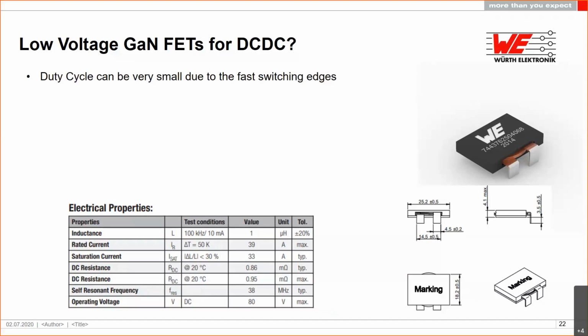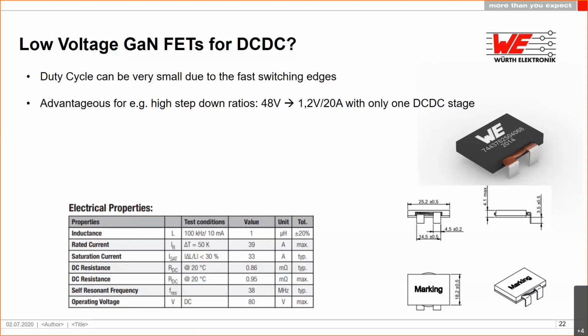For example, if you need a very, very small duty cycle, this can be achieved with GaN, because you have a very, let's say, narrow turn on and turn off switching edge. So this means you can achieve a duty cycle even lower than 1%. And this can help you, for example, if you have a very high step down ratio.